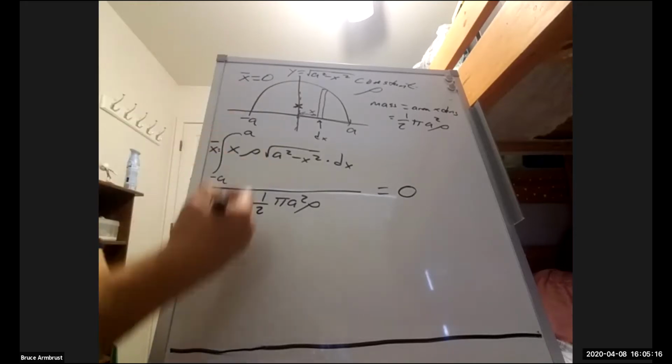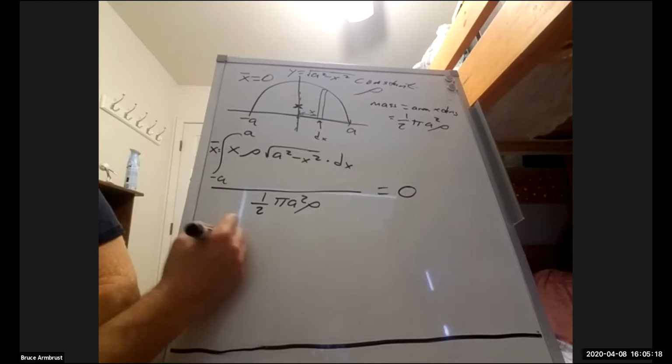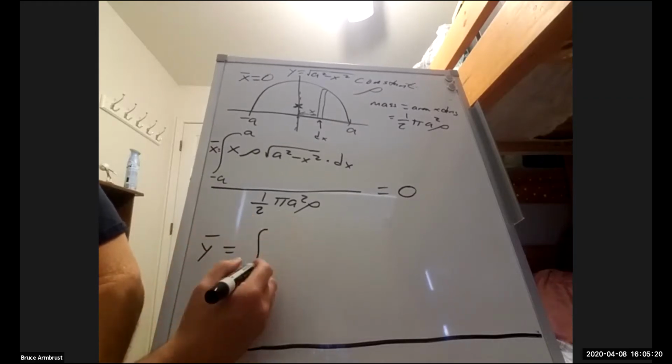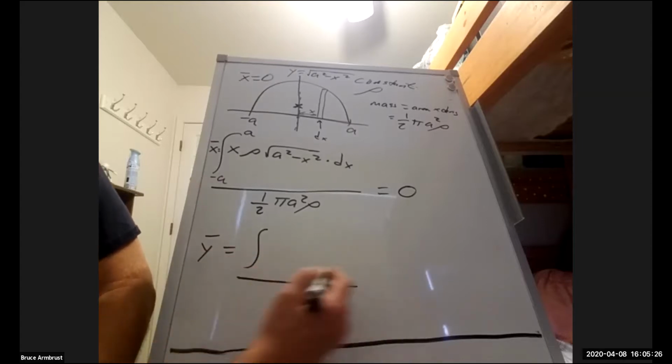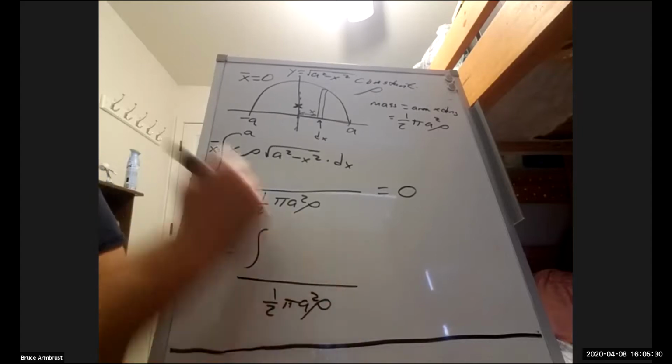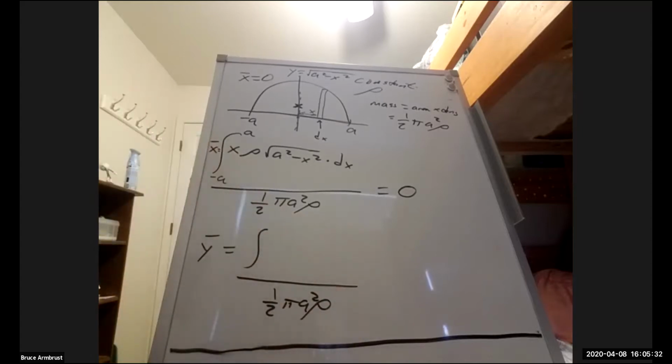All right, but if we want to do y bar, it's going to be similar. We're still going to go from, well, let's not put bounds on yet. For sure, I know we're still going to divide by the same mass, the 1/2 pi a squared rho. But now let's build our bit on top.